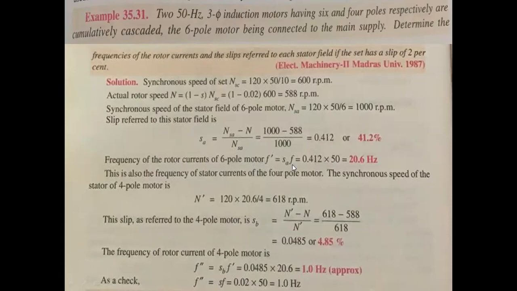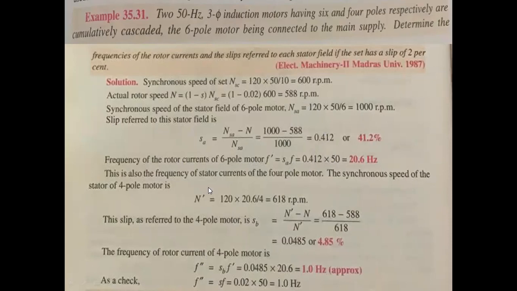Next, the frequency of motor A. F dash is equal to SA into the corresponding frequency, 0.412 into 50, so 20.6 Hz. Next, for the 4-pole machine we have to find these three parameters.